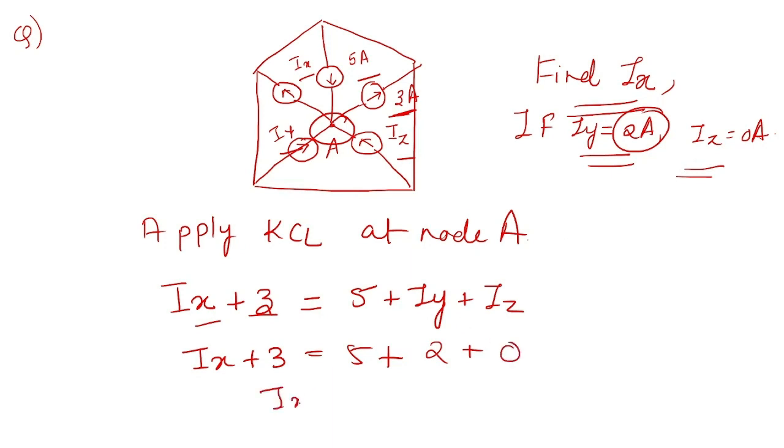Therefore, Ix plus 3 is equal to 7. Ix is equal to 4 amperes. So make a note of it. I hope I'm very clear. What do you mean by KCL? Whatever current is coming inward is equal to the current going outward, and you can solve this.